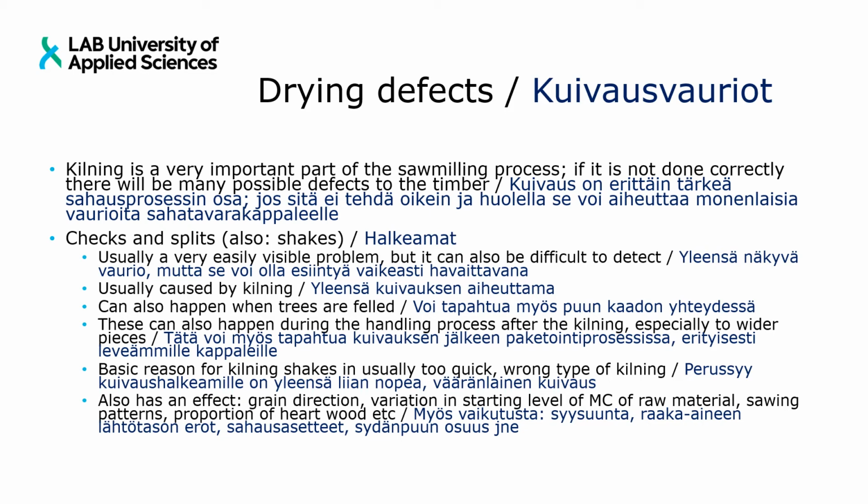So the starting moisture content of those is different, and then you just play with the averages in the kilning process. So that might be causing some issues. Sawing patterns, remember, if you take out the heart, then you get less shake in the timber. And then like proportion of hardwood and so on and so forth. Read those in the book.